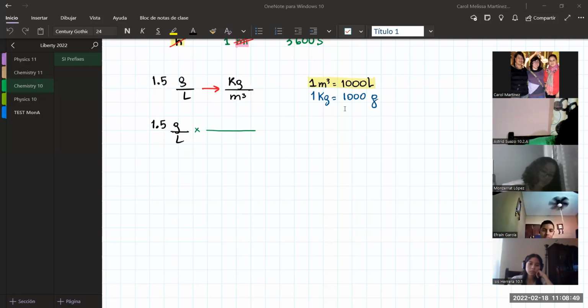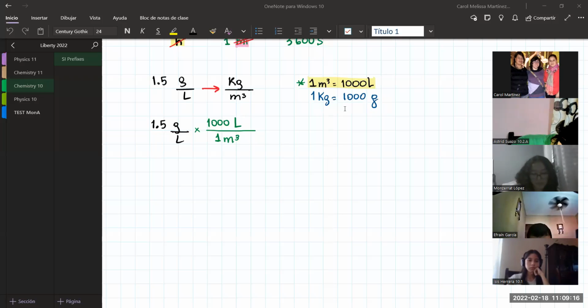Where I have to write the liters? Up or down? Up. Liters up. What number is next to liters? From this conversion factor, what number is next to liters? 1,000. Okay? So down I'm going to write the rest. That is 1 cubic meter.